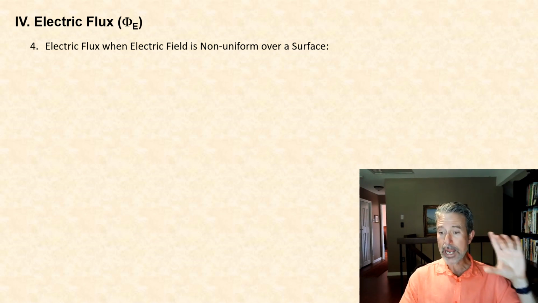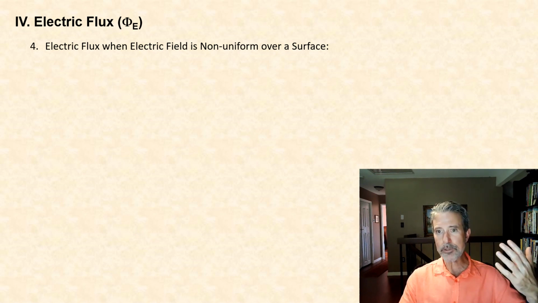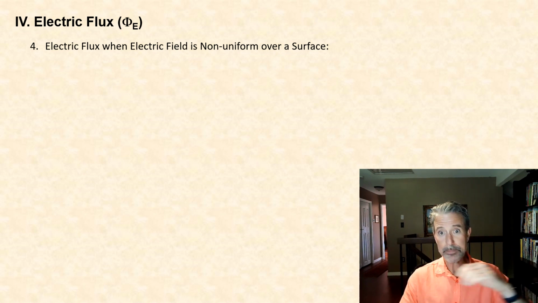But for any individual cube face, and there were 6 of them, we could say that the electric field was constant in both magnitude and direction over any single face, in which case we calculated the flux through each face separately, added up those fluxes to determine the entire flux through the cube.